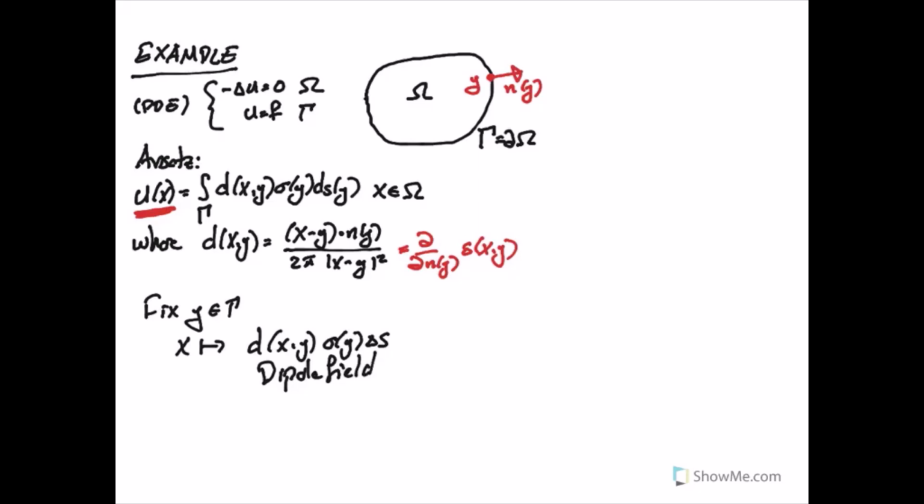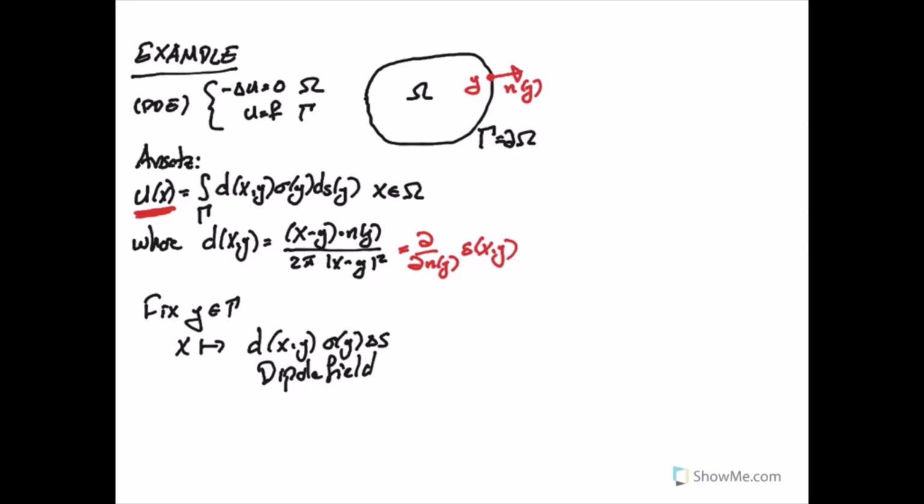So the bottom line is that, exactly as before, using a similar argument, you can prove that this function u is harmonic inside of omega. Alternatively, you could take this expression for u of x and differentiate under the sign. You need to moderate this, but that's not difficult.